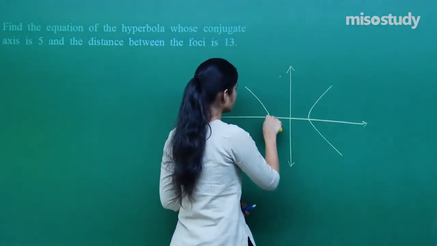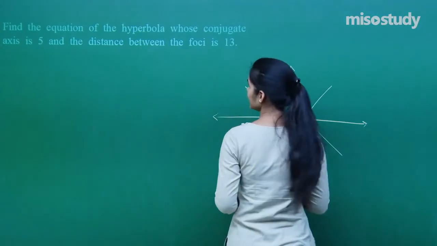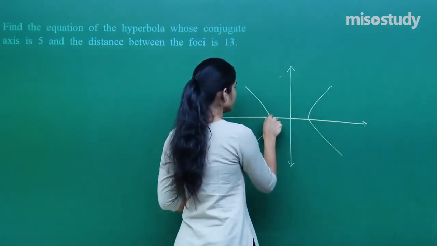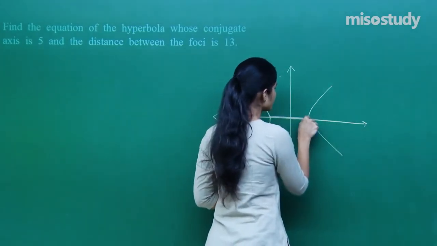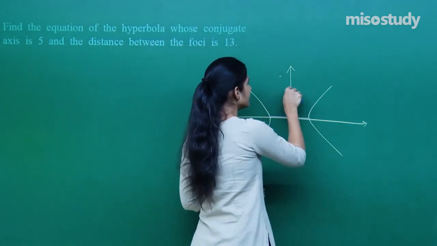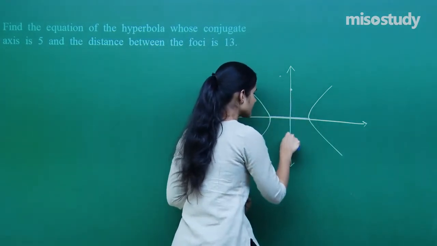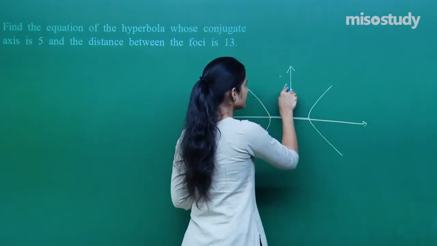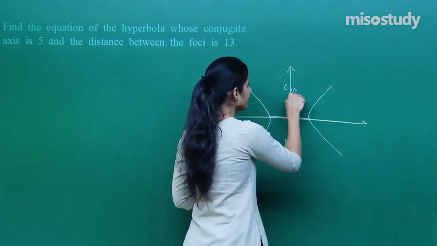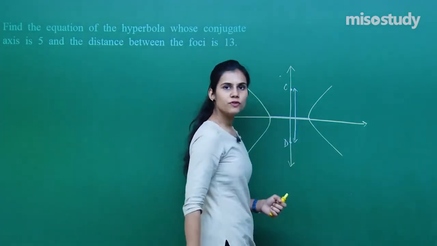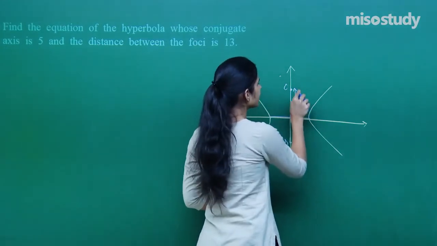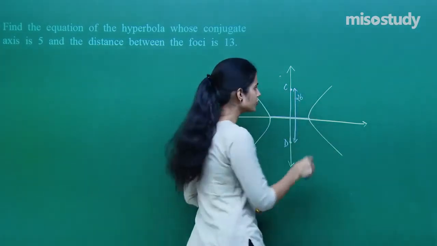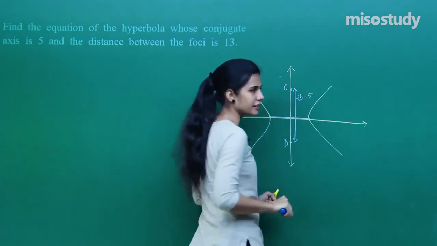This is my transverse axis and say this is my conjugate axis. Say this is C, this is D. It is given that this distance is equal to 5, but I know 2B is taken as the length of the conjugate axis and this is given to me as 5.